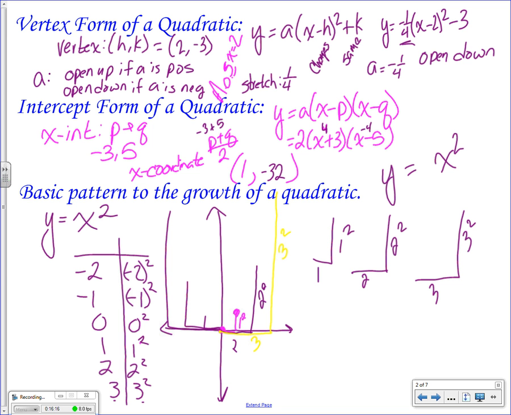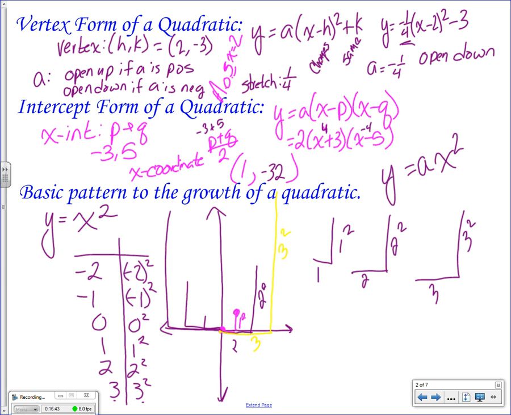Okay? So what happens to this if I put an A out there? Which is what we normally have to graph. And this is where the problem comes in. Okay, so what happens to my pattern? Can anyone guess? What does this mean?